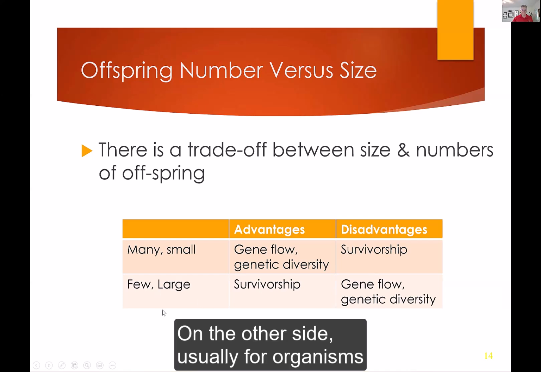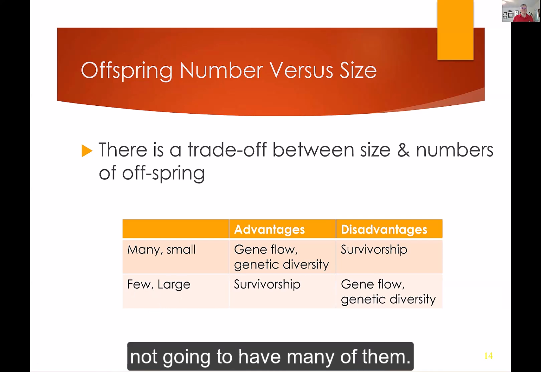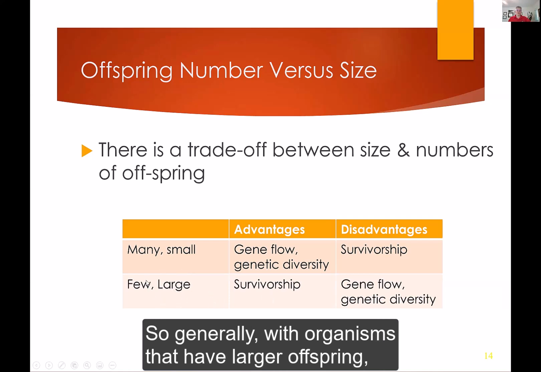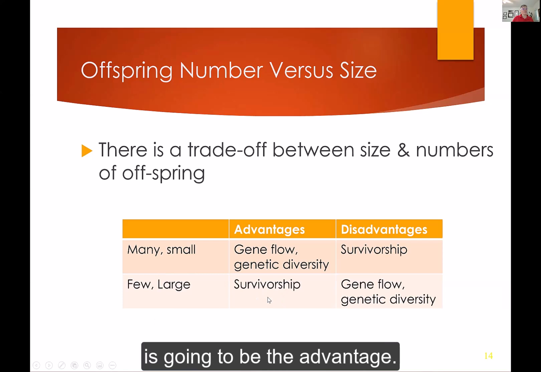On the other side, usually organisms that have larger offspring are not going to have many of them. They probably physically can't carry that many. So generally with organisms that have larger offspring, because they're having so few, their survivorship is going to be the advantage.